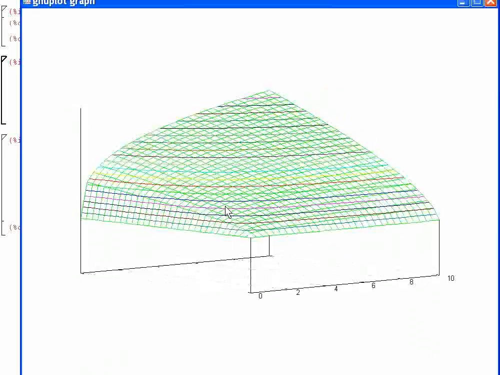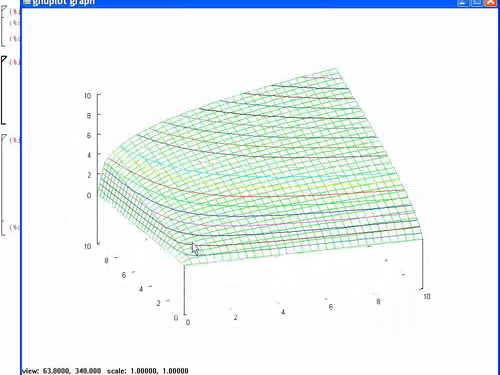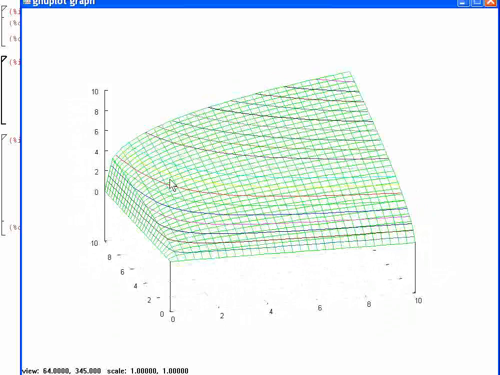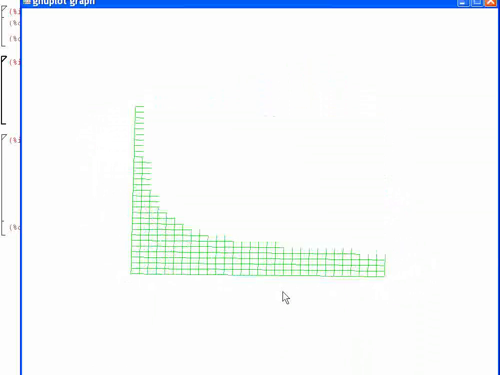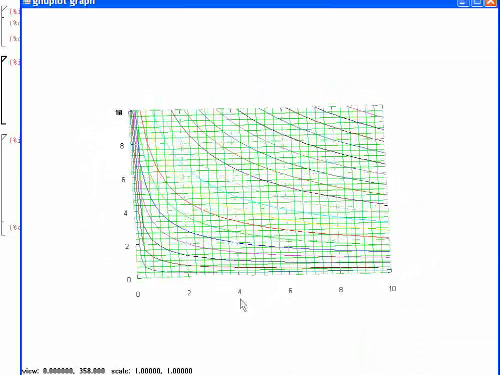Now, the level curve that we graphed in that video is the yellow one up here, I believe. And if we turn this on its edge, which is what I wanted to do in that video, you can see the points that are traced out by each of these level curves for different numbers of units of output.